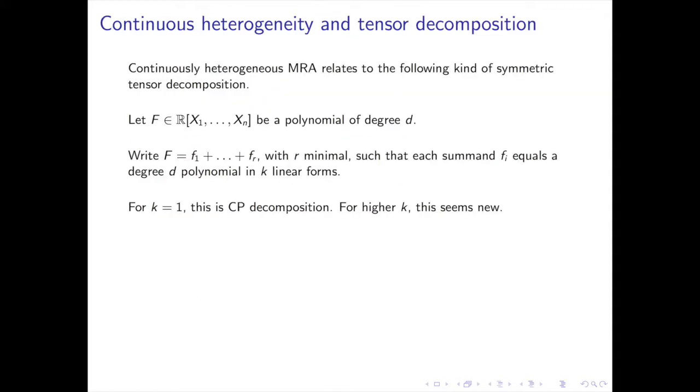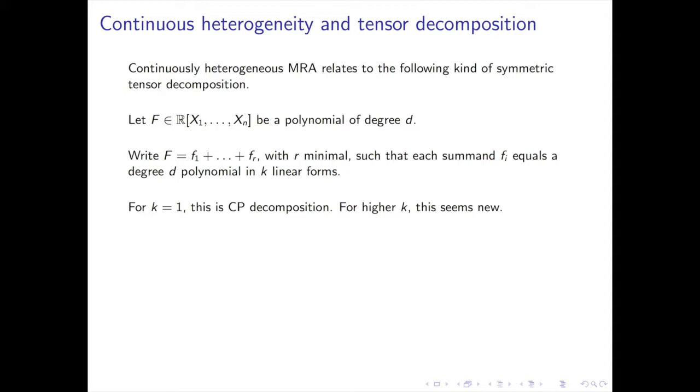It turns out that this relates to the following funny kind of symmetric tensor decomposition. Symmetric tensors, to remind you, you can think of as homogeneous polynomials. Suppose you have a homogeneous polynomial of degree d in n variables, capital F. Let's try to decompose it as a sum in the following way.